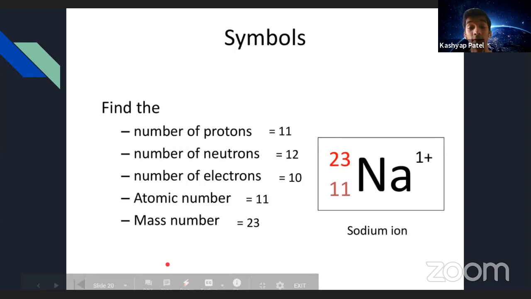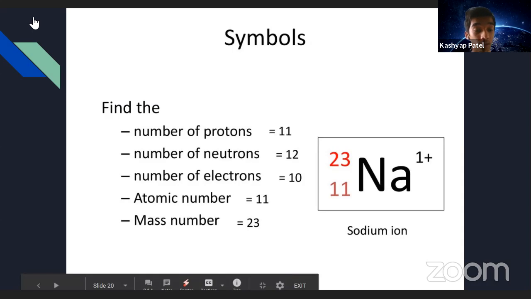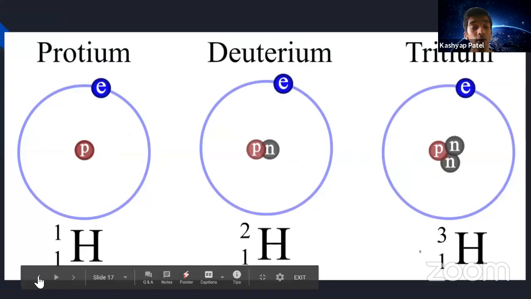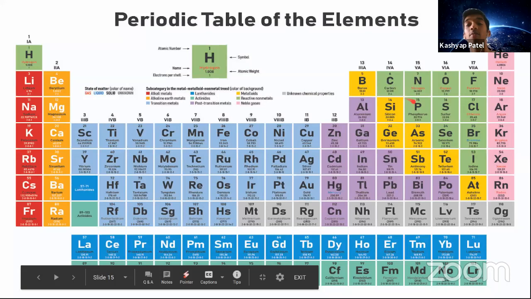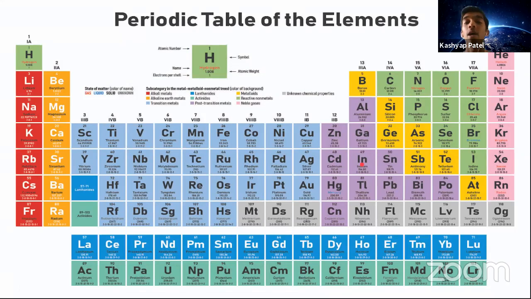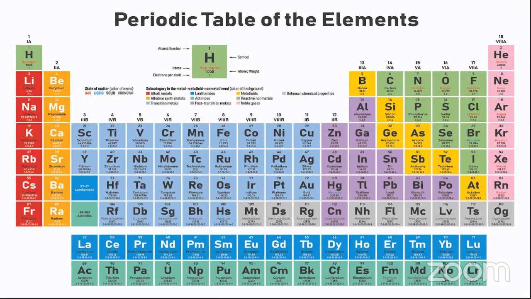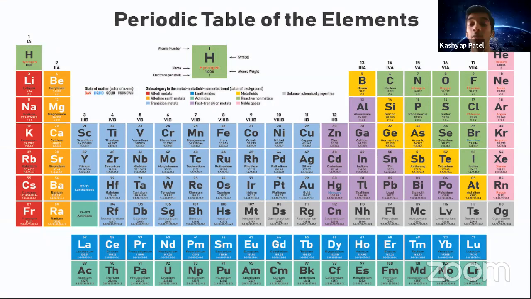Now, a final question before Jonathan's going to talk about compounds. If I take carbon 13, if I have an atom of carbon 13, how many neutrons does carbon 13 have?